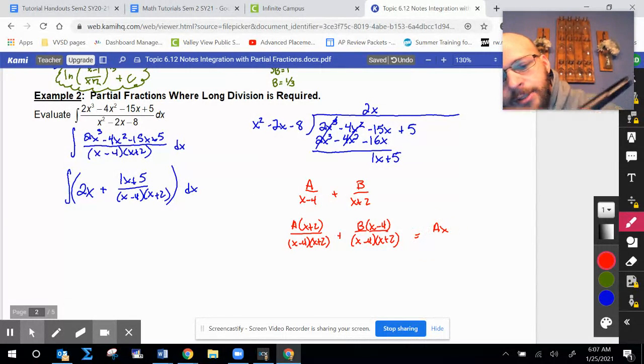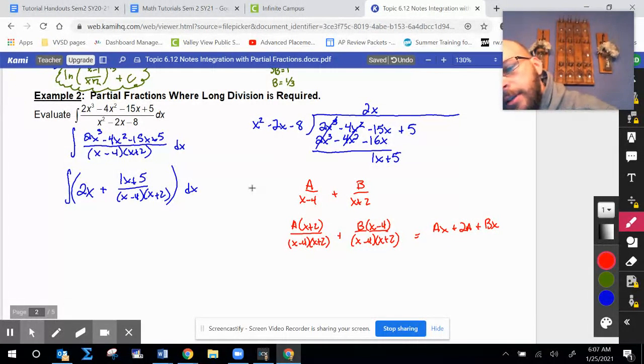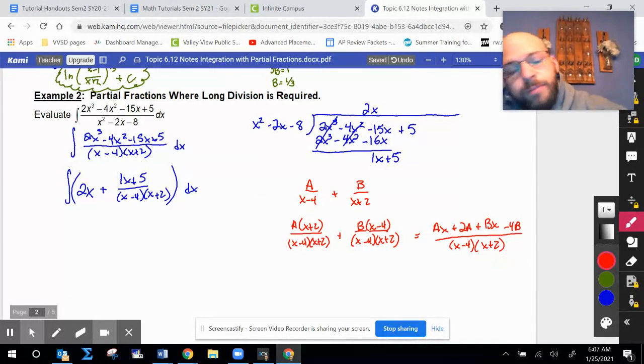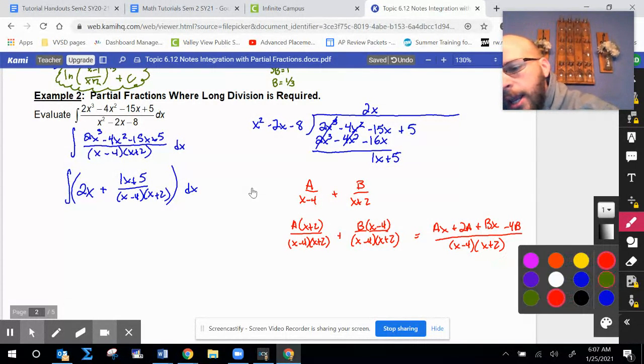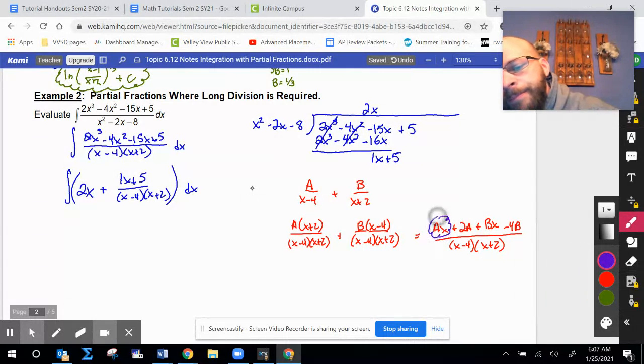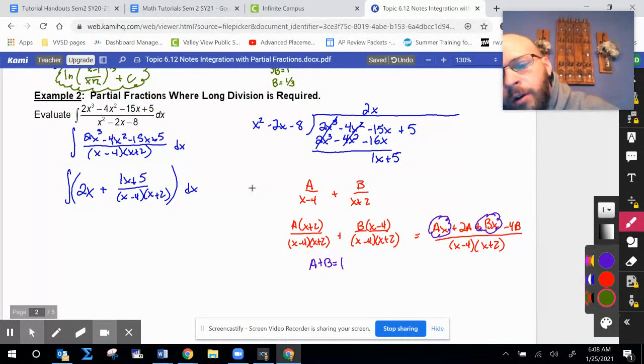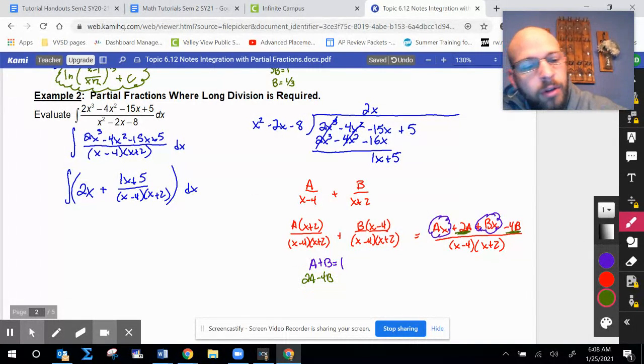I have ax plus 2a plus bx minus 4b, all over (x minus 4)(x plus 2). Now if you look at the terms that have my x's in them, I have a positive a and a positive b. I know a plus b has to be 1. Furthermore, I know that 2a minus 4b has to be the constant in the original problem, 5.